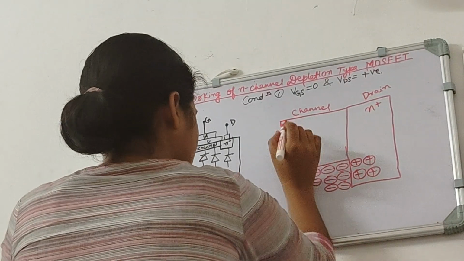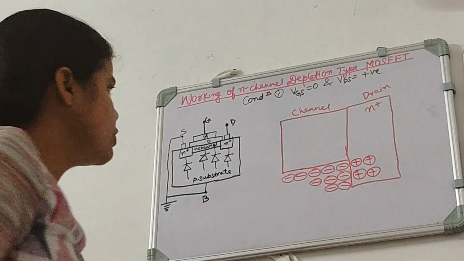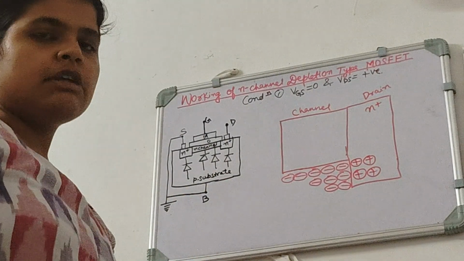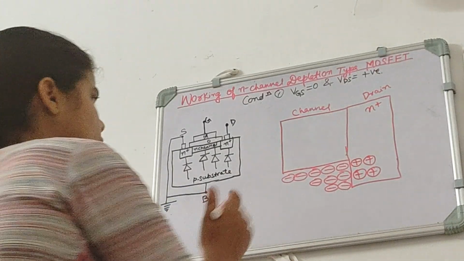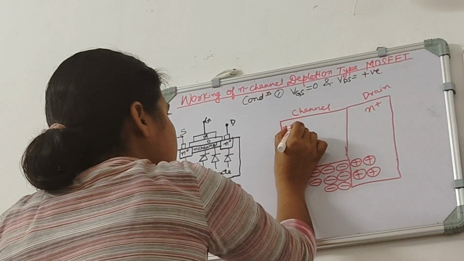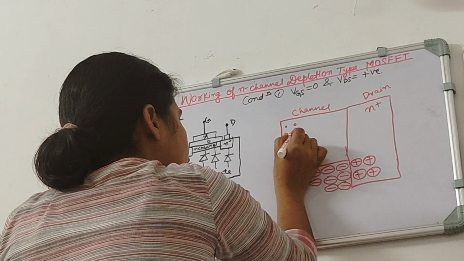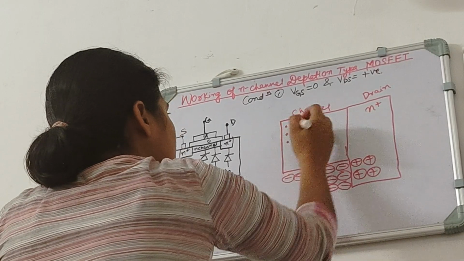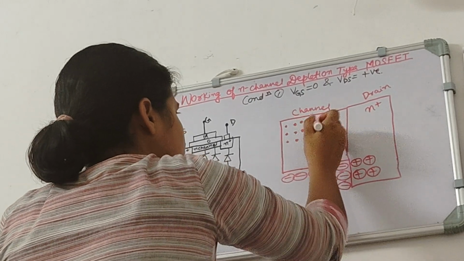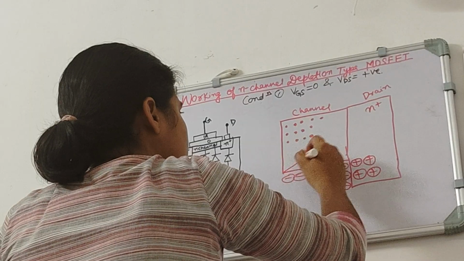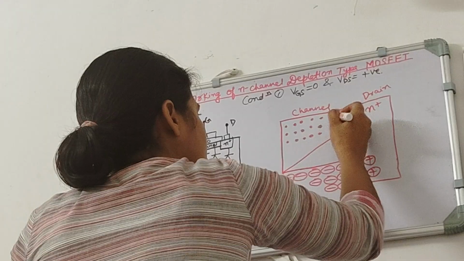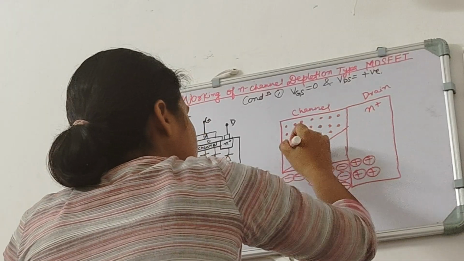Now the channel is of N type material, so in the channel also we will have positive ions paired with electrons. Okay, so we will just draw electrons here, and I will denote them with dots. Let me draw this first.